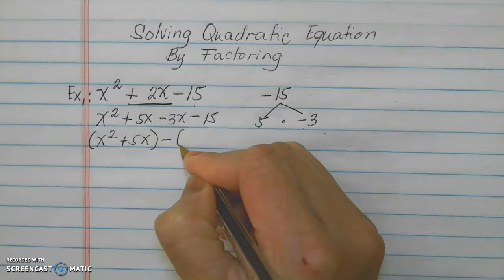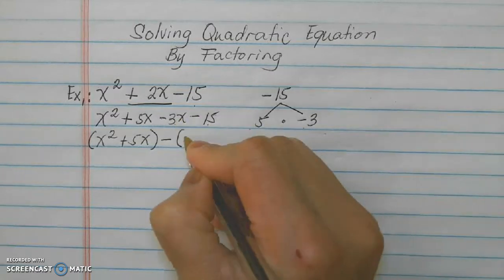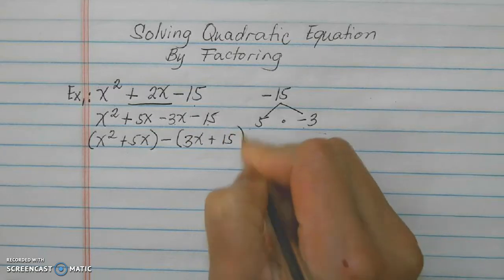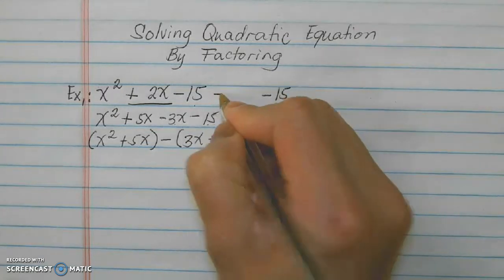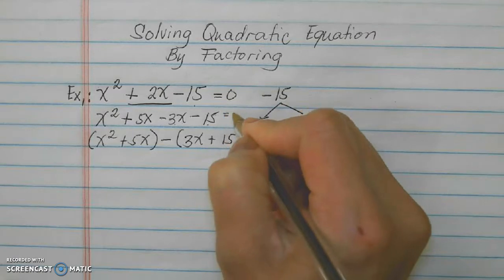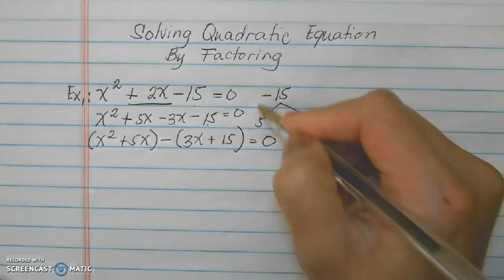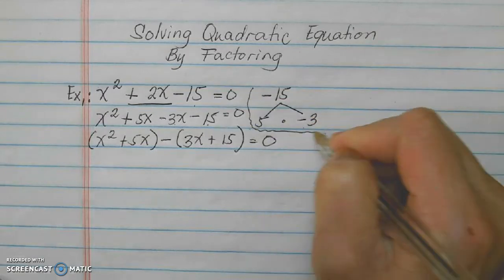Negative parentheses, all of these signs will change, and so it's going to become 3x plus 15. These are all equal to 0, by the way. I apologize for this crowded spot right here.